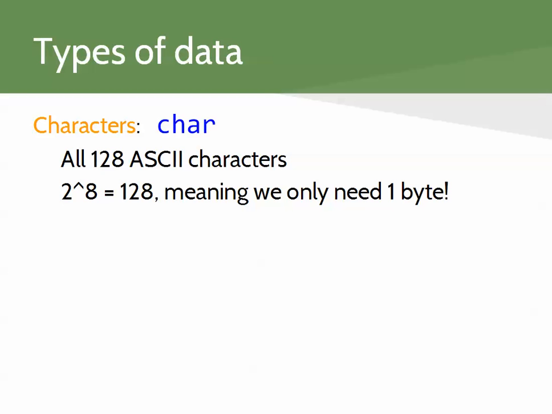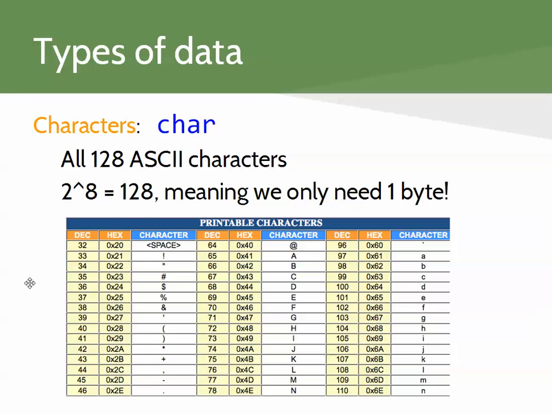So possibly the simplest type of data that we can have is a straight character. The table that I just popped in here on this slide represents the ASCII character set that we discussed a few modules back. It turns out that the ASCII character codes have only 128 different unique characters.